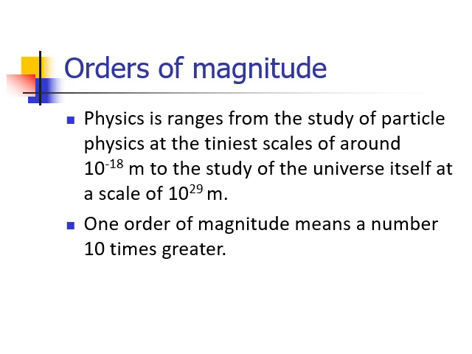For example, 10 is one order of magnitude greater than 1. 100 is 2 orders of magnitude greater than 1. 1000, or 10 to the 3, is 3 orders of magnitude greater than 1.